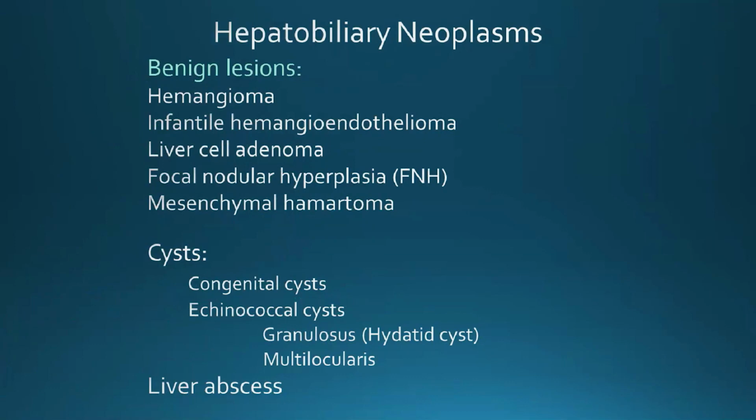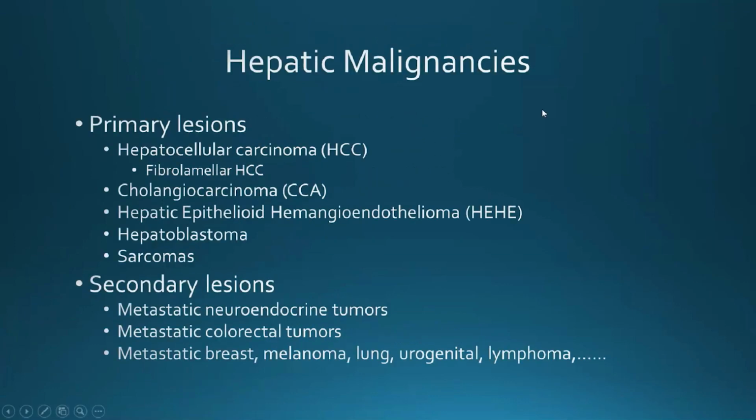Now, going to our main topic of today, primary hepatic malignancies are divided into hepatocellular carcinoma with its variant fibrolamellar hepatocellular carcinoma, cholangiocarcinoma, hepatic epithelioid hemangioendothelioma, hepatoblastoma, and sarcomas.